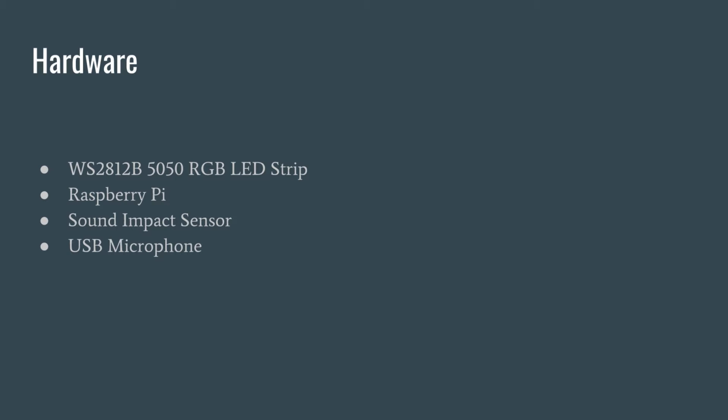The reason I chose to use the specific LED strip was because of how programmable it is with the NeoPixel library. The Raspberry Pi allows me to use a Linux operating system, which I'm most comfortable with when coding a backend. The sound impact sensor allows me to detect specific beats and react to them. Finally, the USB microphone takes care of the rainbow visualization, since the onboard audio does not work very well.